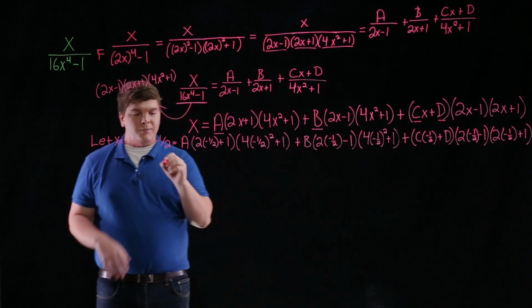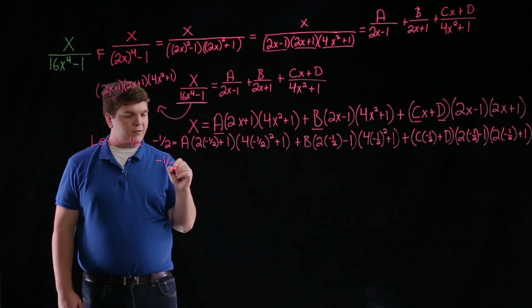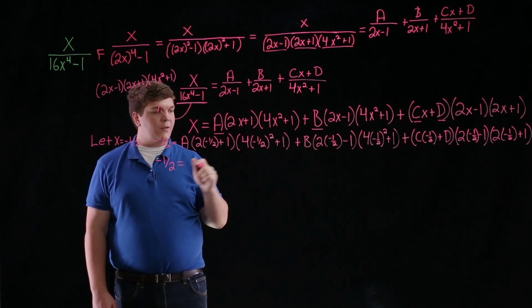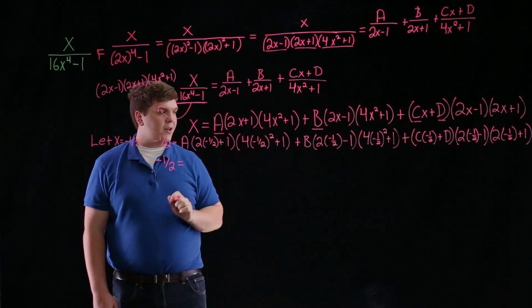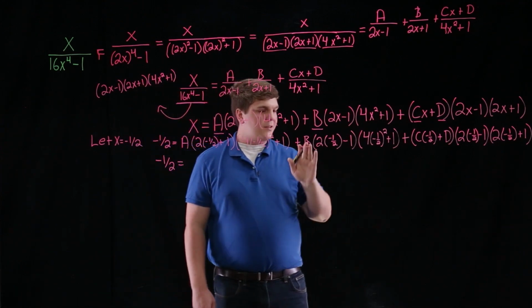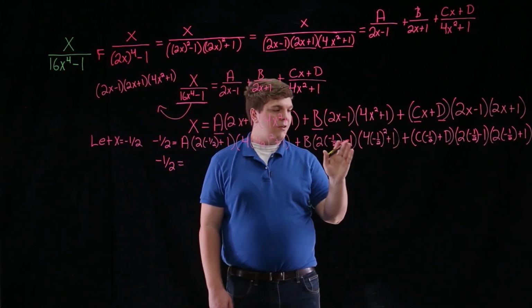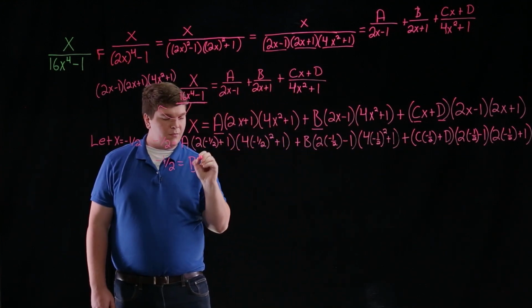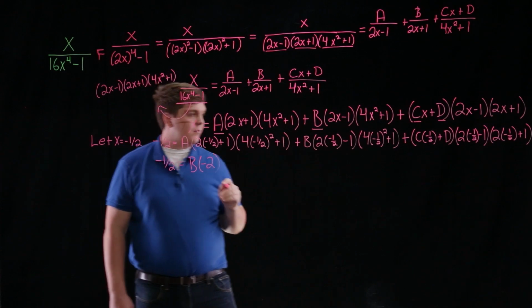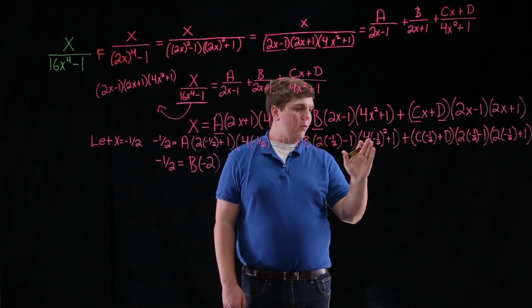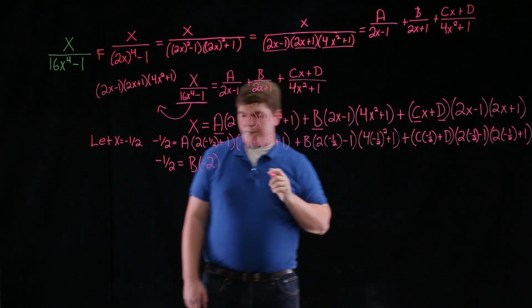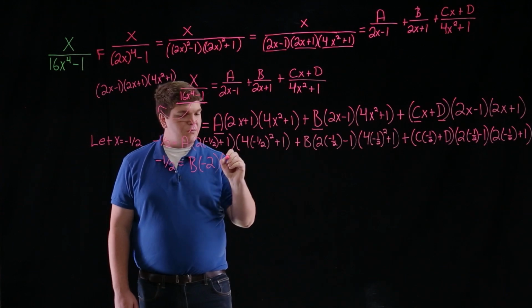So what we end up with here is negative 1/2 is equal to a times negative 1 plus 1. So this term cancels and becomes 0, plus b times negative 1 minus 1, which is a negative 2. Here we have 4 times negative 1/2 squared, which would be 4 times 1/4, or 1 plus 1. So we have b times negative 2 times 2.